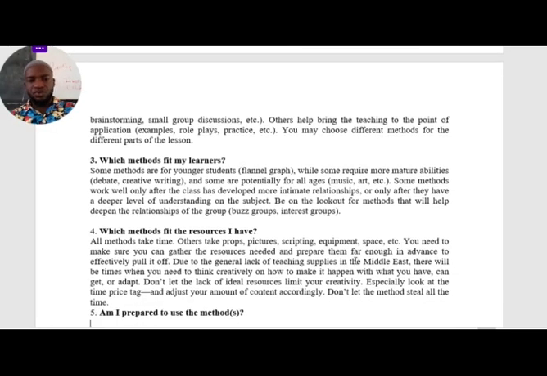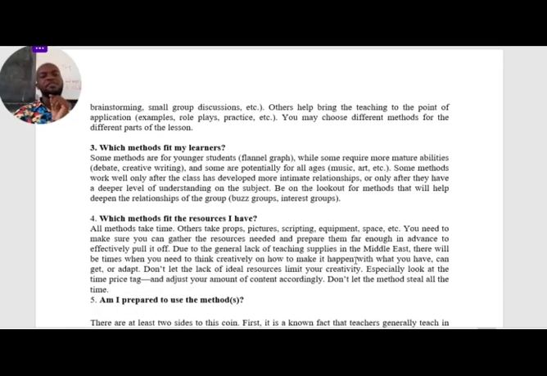Another one, we have to look at which method fits the resources that I have. So before I choose a method, I should also consider the resources I have. I may choose a method which is not in line with the resources I have. It's like when you are the cook, cooking food which is much more than the people who are going to consume it.